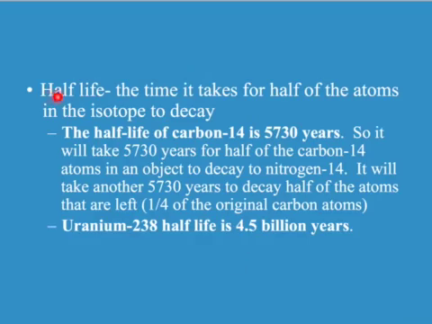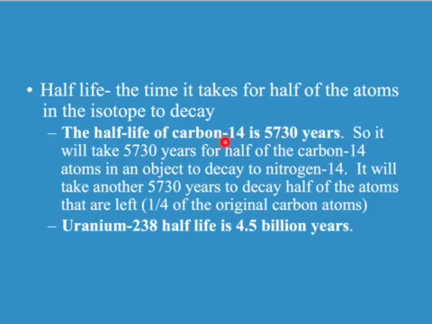A half-life is the time it takes for half of the atoms in the isotope to decay. A couple of examples. The half-life of carbon-14 is 5,730 years. Carbon-14 is an isotope of carbon-12.